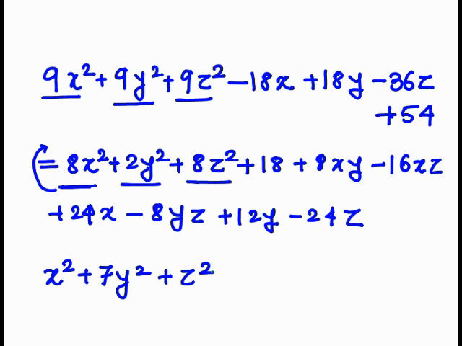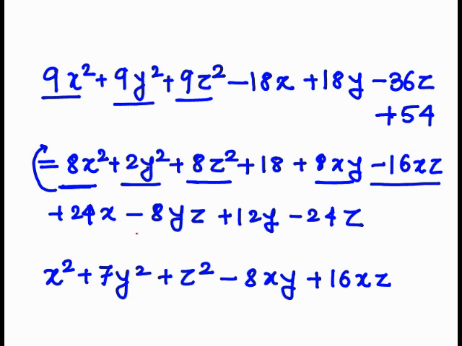Now for the xy term, we have only the 8xy, we get minus 8xy. Now this is also a single term, minus 16xz. So if you take it to the left hand side, we get plus 16xz.